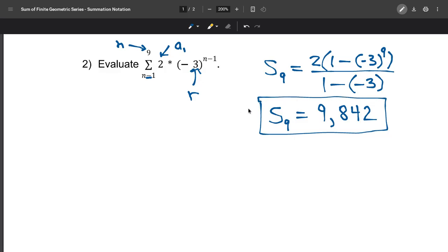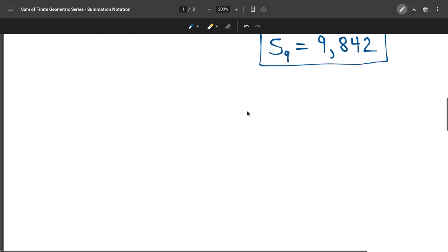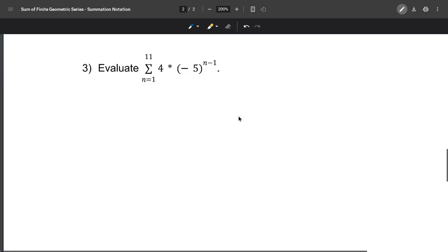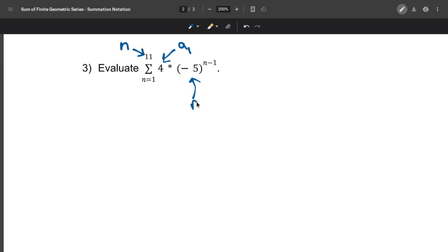All right, let's keep going. I've got 2 more problems to demonstrate here. So another one. We're evaluating the sum of this finite geometric series. We have 11 terms. The first term is 4. The common ratio is -5.